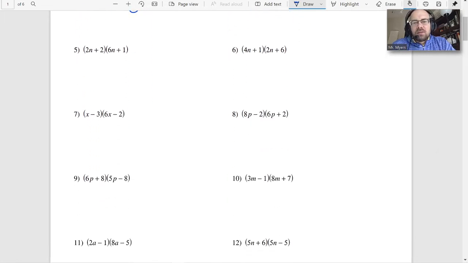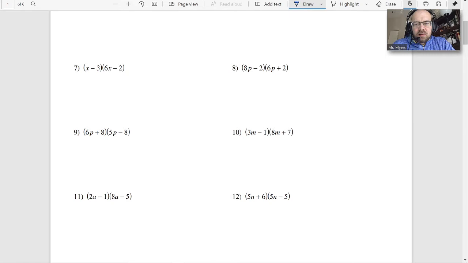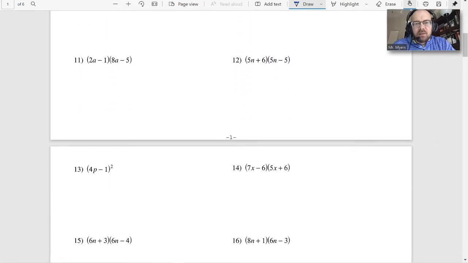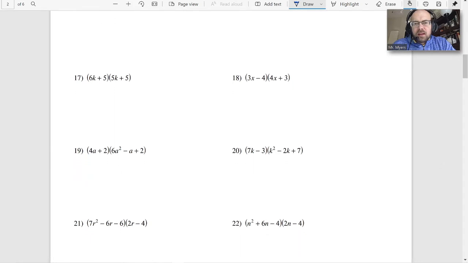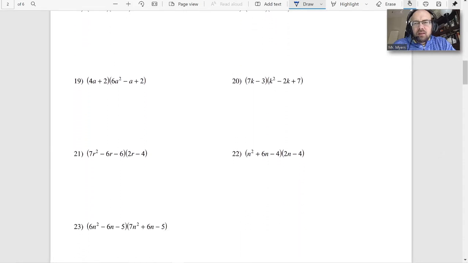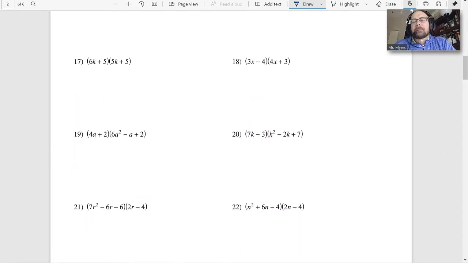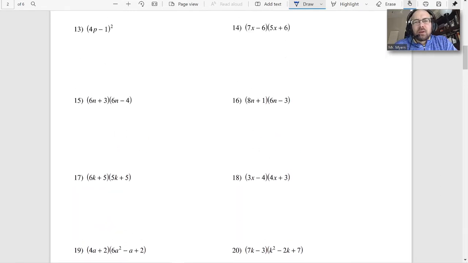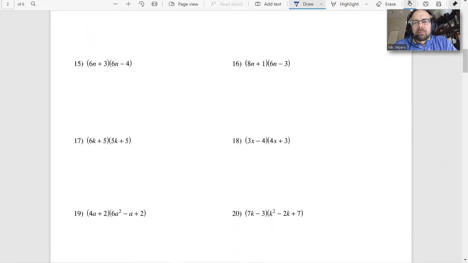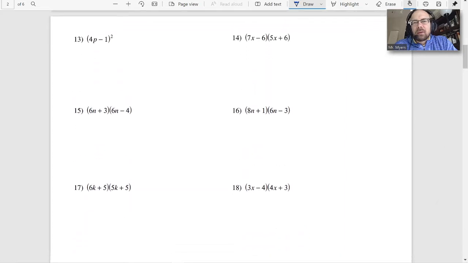Now we get to this next section here, and I'm kind of scrolling ahead because I want to see how many of these there are. Quite a few. Yeah, so if you look ahead a little bit, not until number 19 are we going to have anything different. Number 13 is a little bit different, but I'll show you why.